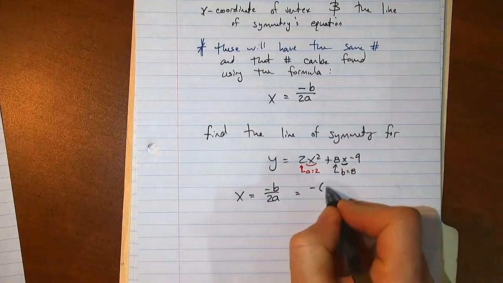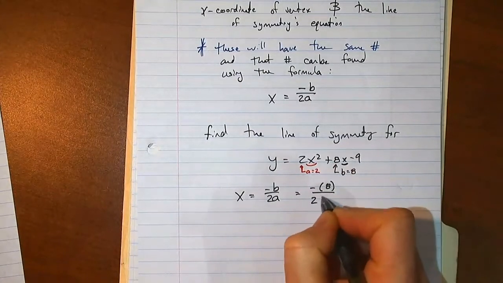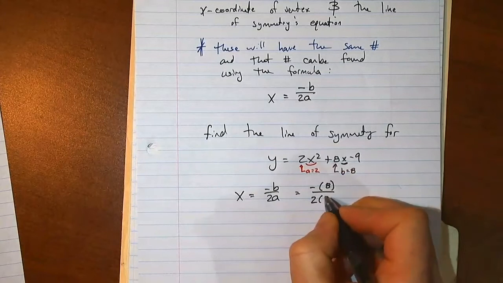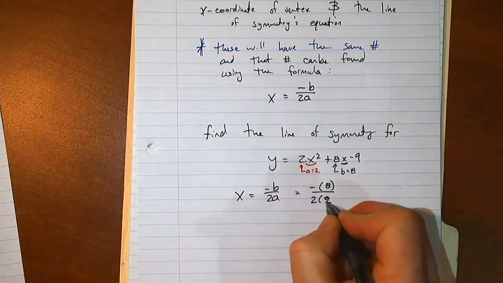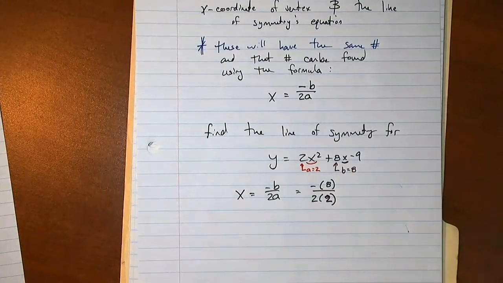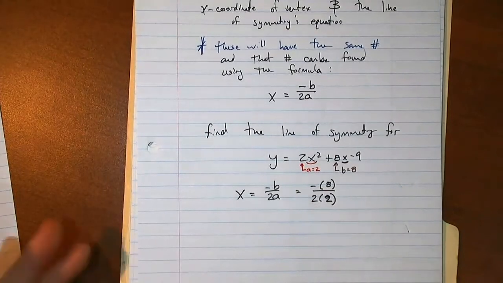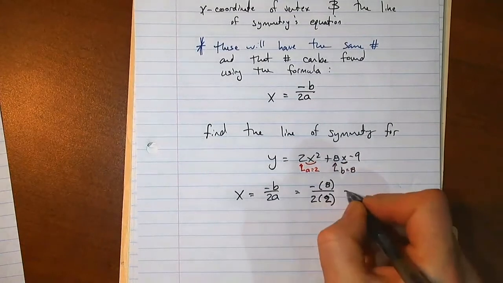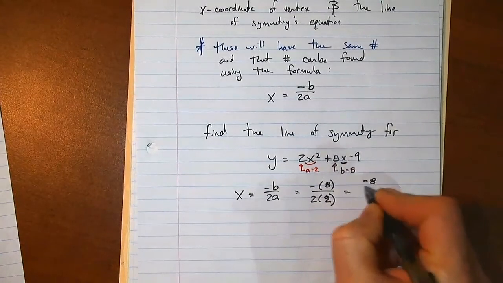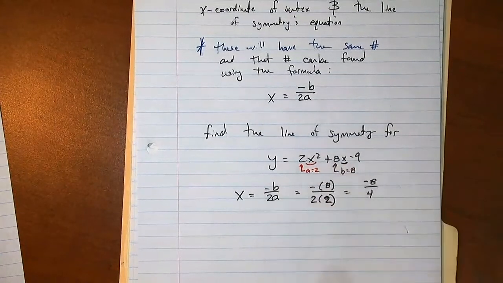So I plug those in: the opposite of 8 over 2 times a, and a is equal to 2. Just like we've talked about all year long, when I make a substitution, I use parentheses, and then I figure this out. The opposite of 8 is negative 8. 2 times 2 is 4.